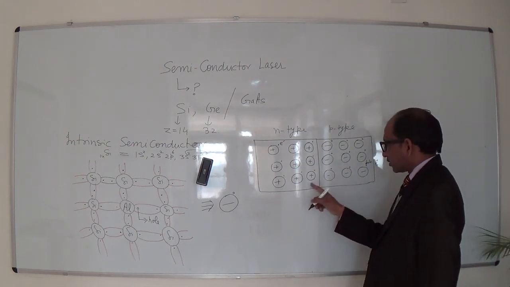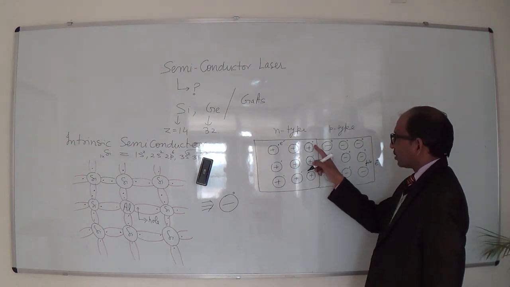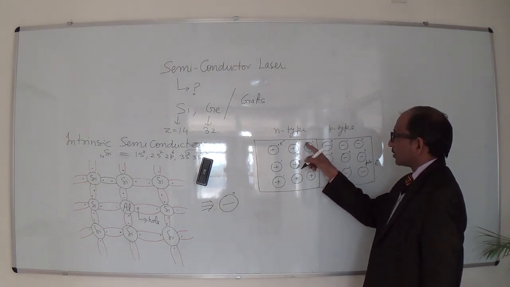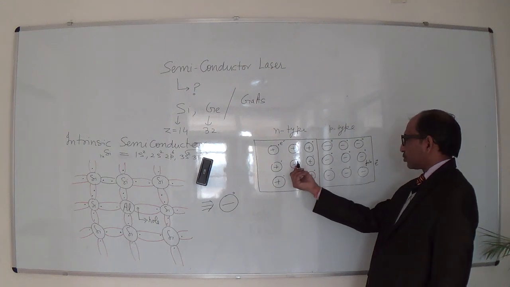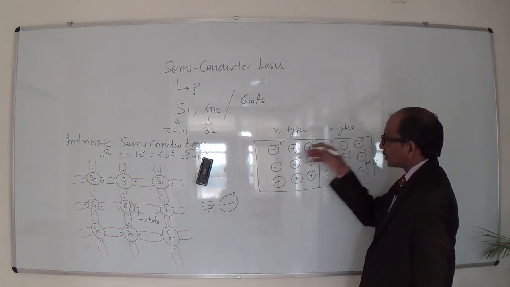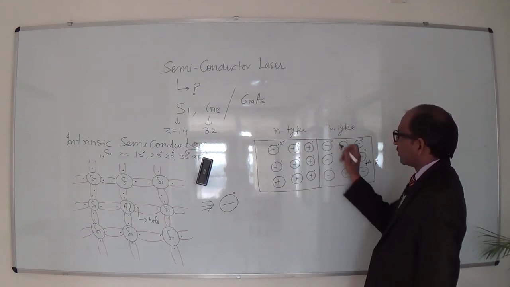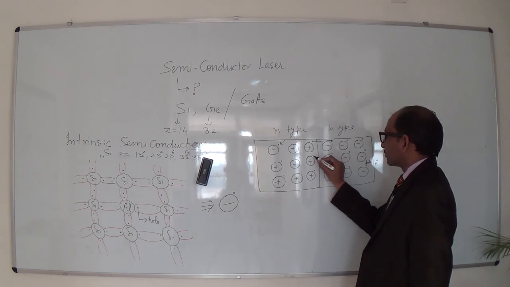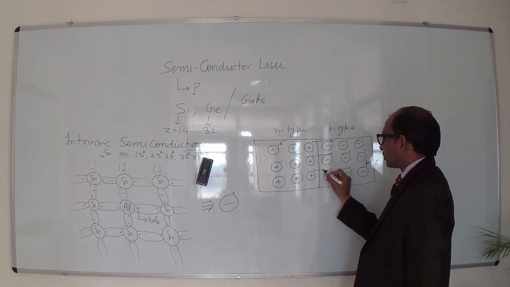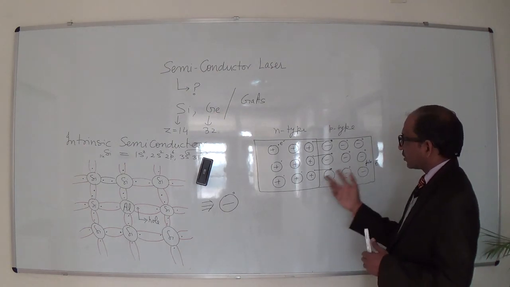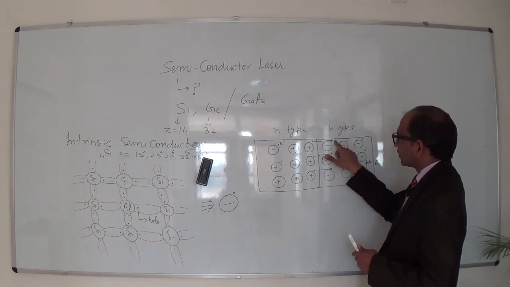When we join these together, these electrons start to move towards the p-type side, and these holes move towards the n side. So electron-hole recombination takes place when we join these two semiconductor materials.